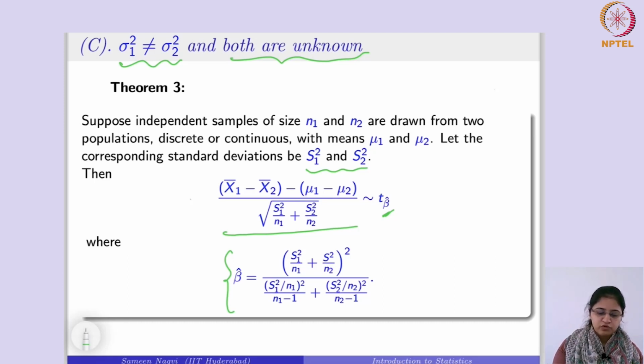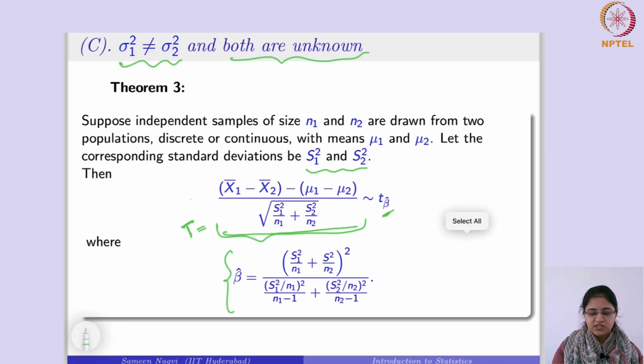Now in order to prove this, let us first denote this term as t. So t is this random variable. Whenever you have to prove that the distribution of a random variable is t, we know how the t distribution can be generated.